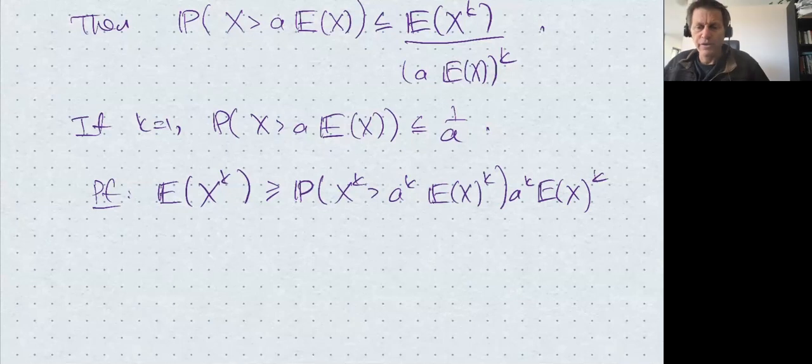So this is obvious, right? We're taking the average of x to the k. X to the k is non-negative. So what I'm doing here is I'm dividing the probability space into two cases. Either x to the k achieves this value here or larger.